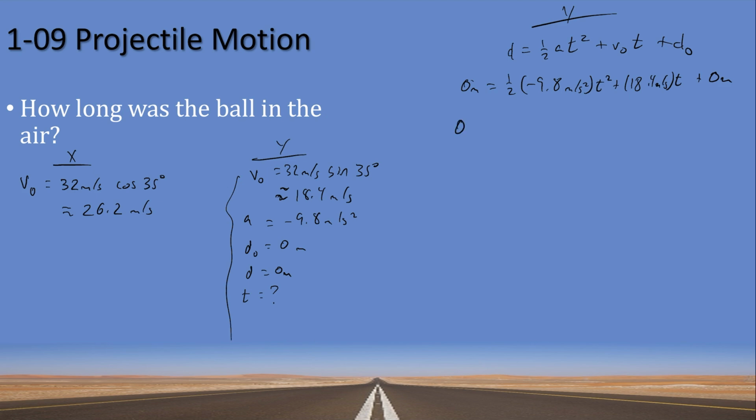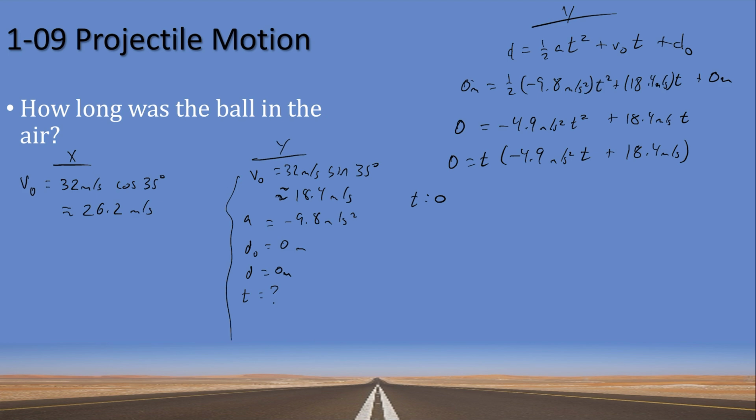And simplify. And then I could solve by factoring. So I'm going to factor out a t. Then set each factor equal to 0.